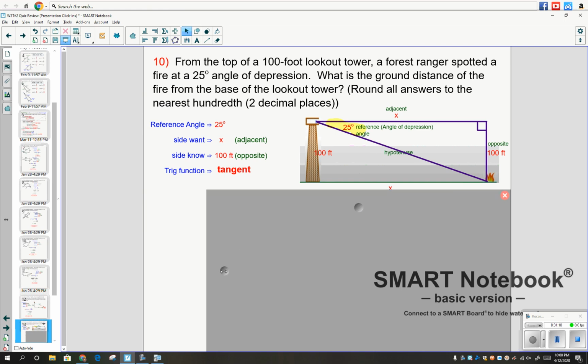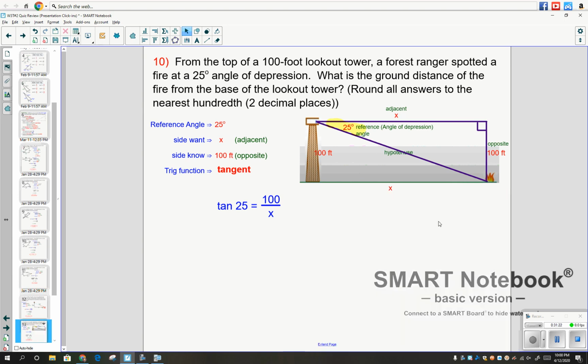Set up my equation. Tangent of 25 equals opposite over adjacent. 100 is opposite, x is adjacent, so it's 100 over x. I'm solving. I have to clear fractions. Well, the variable's in the denominator, I still need to multiply by x, because to clear fractions I multiply by the denominator.